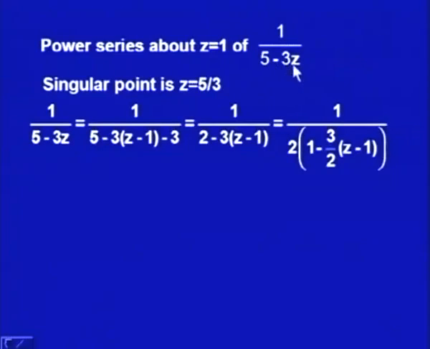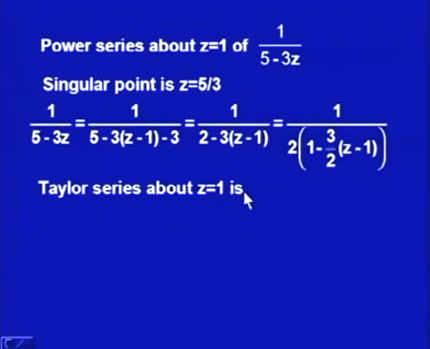To expand this, I write the function 1 upon 5 minus 3z as 1 upon 5 minus 3(z minus 1) minus 3. So, I have added and subtracted 3 here, and from here we can write the series as 1 upon 2 minus 3(z minus 1), or if I take 2 outside, it is 1 minus 3 by 2 into (z minus 1).